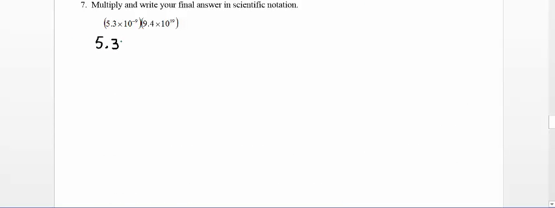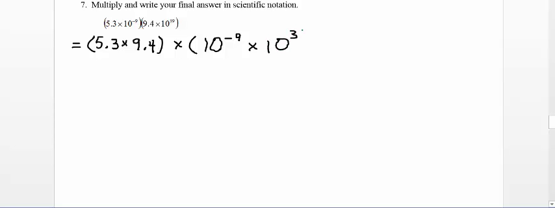So let's look at applying that to number 7. 5.3 gets multiplied by 9.4. And then I multiply that by the product of the powers of 10. So 10 to the negative 9th gets multiplied by 10 to the 39th.